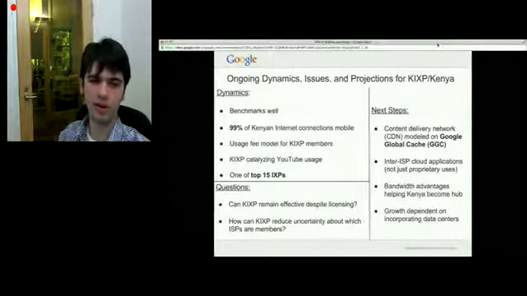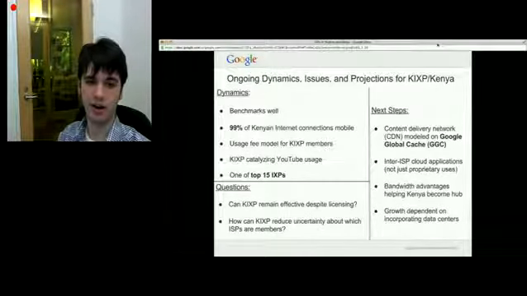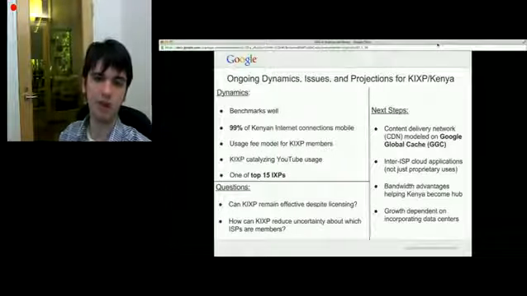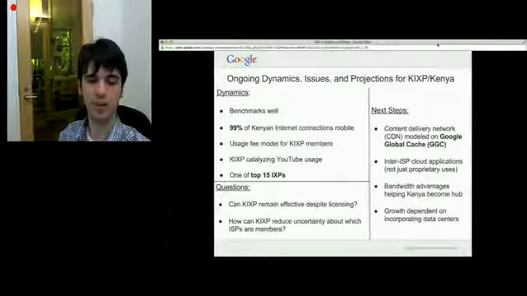One thing to note is that really only 99% of the connections there in Kenya are mobile, which means that very, very few of them are on desktops or non-mobile technological mechanisms.